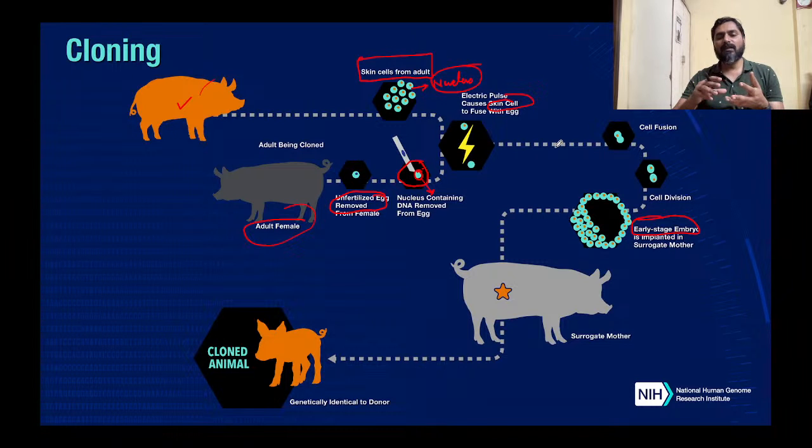This nucleus and this cytoplasm behave like a new zygote and start to divide to become what is known as an embryo. Then this embryo is transplanted into a surrogate mother, into the womb of a mother, and after the gestation period we get a cloned animal. So this is how cloned animals are made.